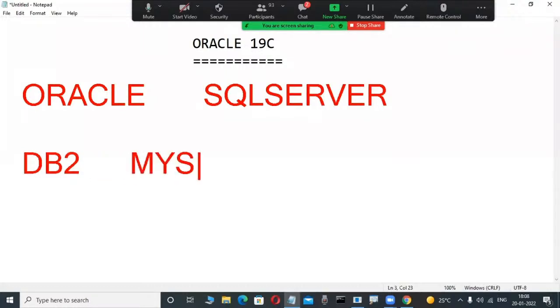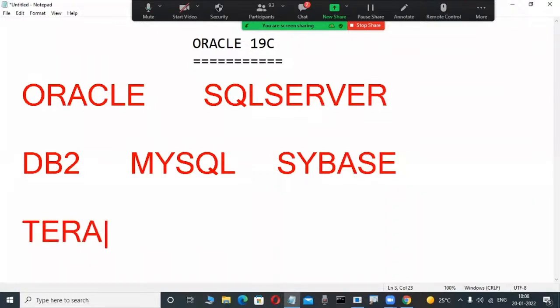MySQL is a database product that is open source, but nowadays Oracle Corporation has purchased it. Again, Sybase is a database product from Ingres Corporation. Again, Teradata. Maybe so many fellows, data warehousing application programmers, have an idea.